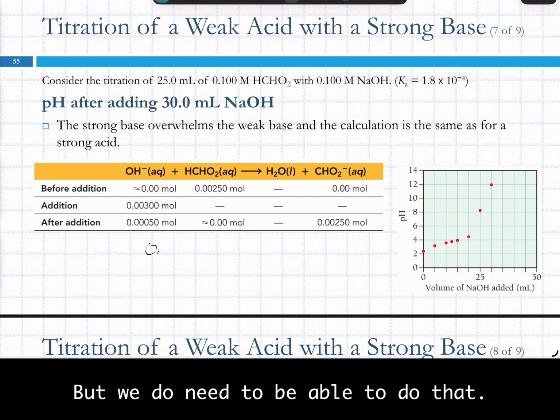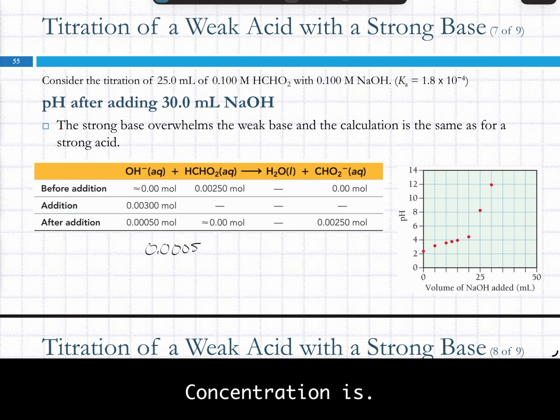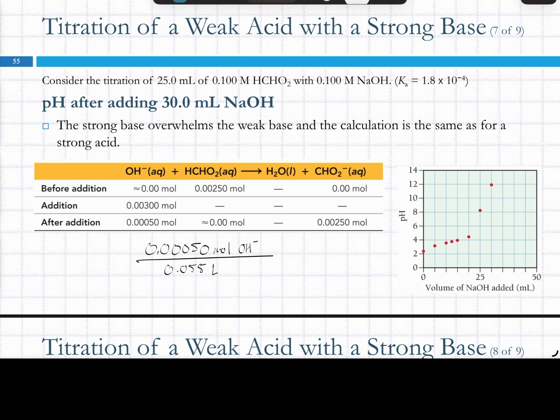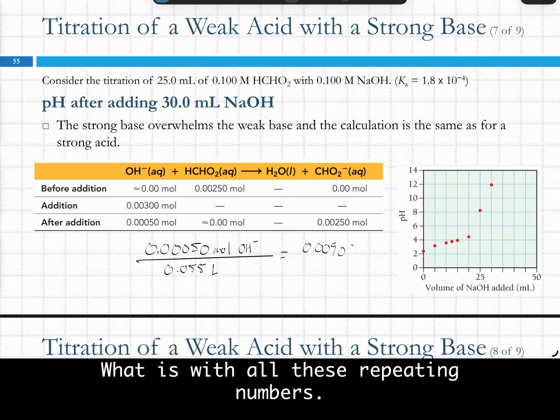But we do need to be able to do pOH. We need to figure out what our concentration is. So divide that by the volume, which is 0.055 liters. So that's 0.009. What is with all these repeating numbers?